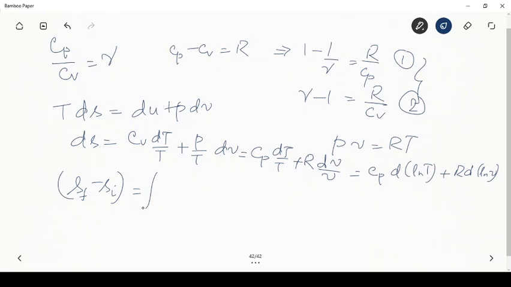So it will be the integral of Cv of T into d log T, or Cv of T divided by T dT, from Ti to Tf, plus similarly the integral from vi to vf of R d log v.